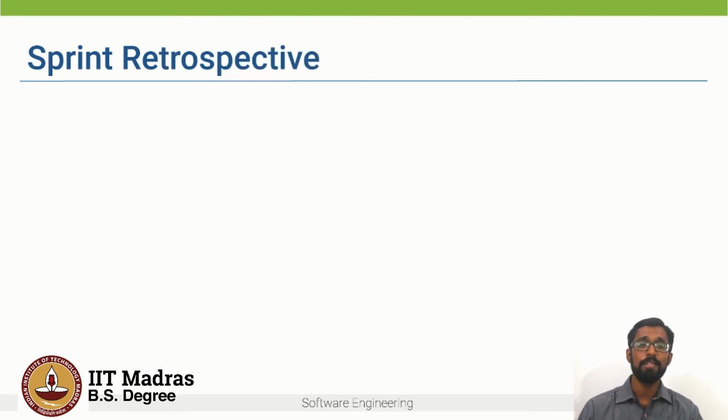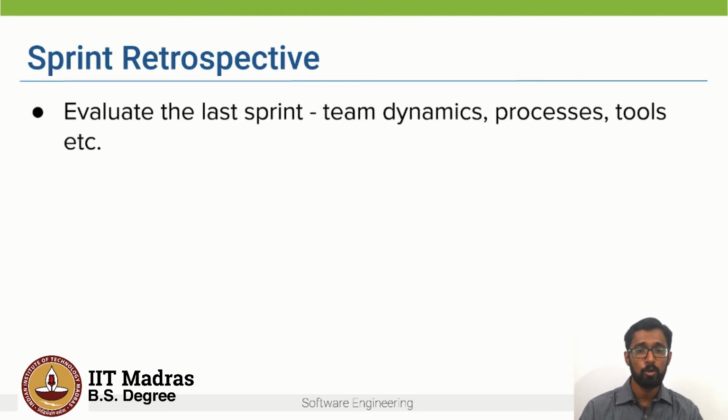And finally, there is a sprint retrospective meeting, and this serves several purposes. One is to evaluate the last sprint in terms of the team dynamics, how the team worked, the processes, the tools. So it is basically an evaluation of how things went in the previous sprint.